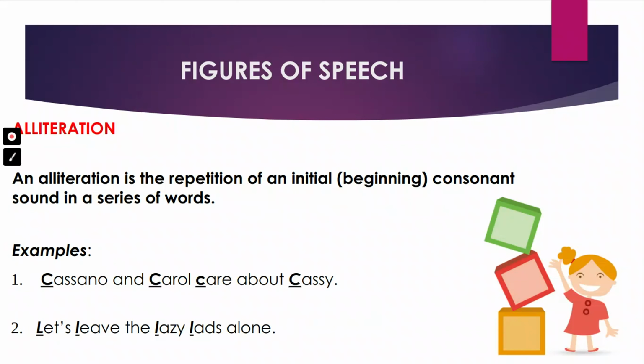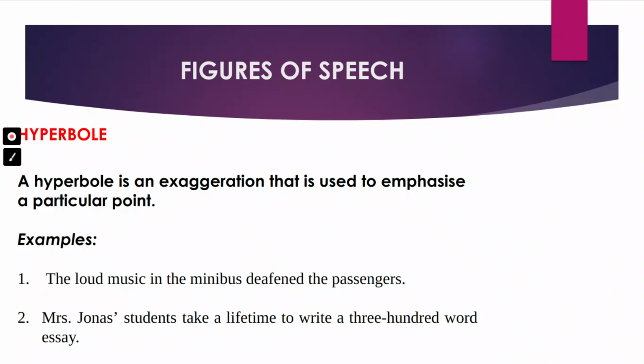Alliteration, because again, you have the repetition of that beginning L sound in this series of words: let's, leave, lazy, lads. Okay, so alliteration, the repetition of a consonant sound coming at the beginning of a series of words.